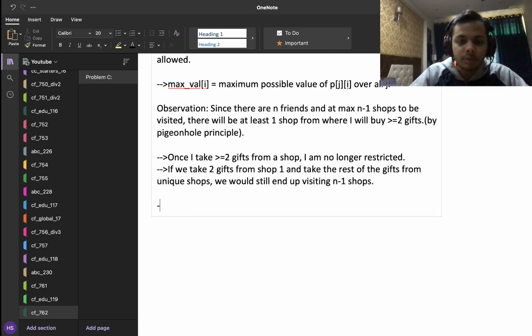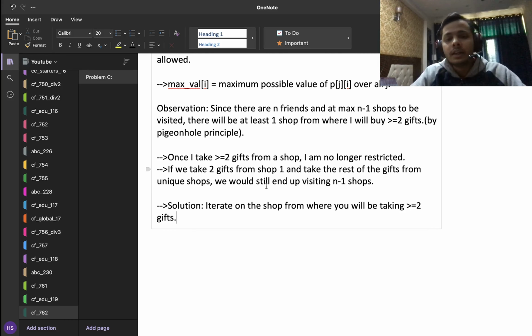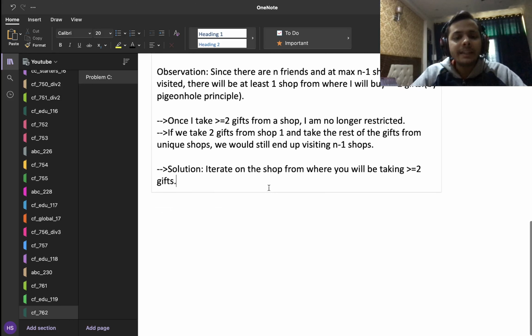So now let's come to the solution. Using all these observations, I can come to a very simple solution. Iterate on the shop from where you will be taking greater than or equal to 2 gifts. Now another important thing is that if we are taking greater than or equal to 2 gifts from a shop, it makes sense to take those 2 gifts which give the maximum possible joy, right?